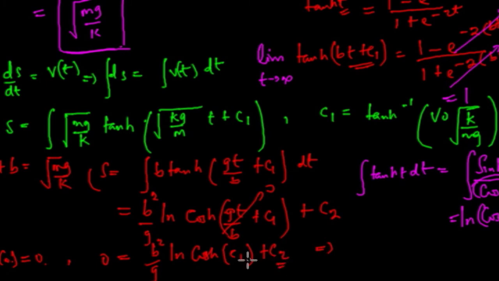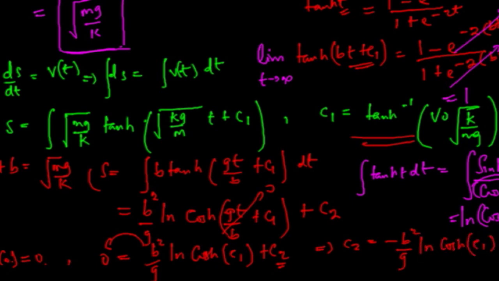Our aim is, we already know what c1 is, so what we want to find is c2. To find c2, we bring this to the other side, so c2 equals minus b squared all over g, ln of the cosine of c1.